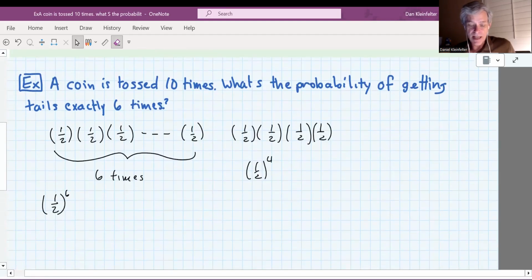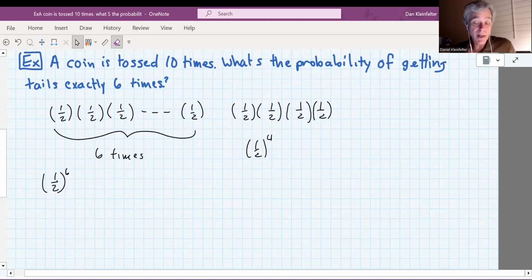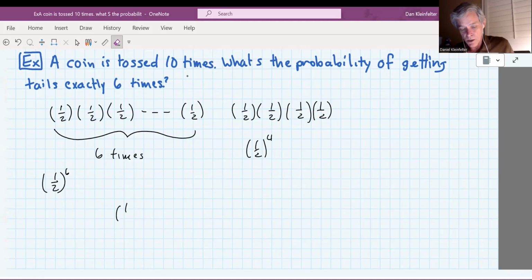So then multiplying those together, because we'd have to get the tails outcome and the heads outcome both, we multiply the probabilities together. So far it's looking like the probability of success raised to the power of how many successes there are, times the probability of failure raised to the power of the number of failures we have.